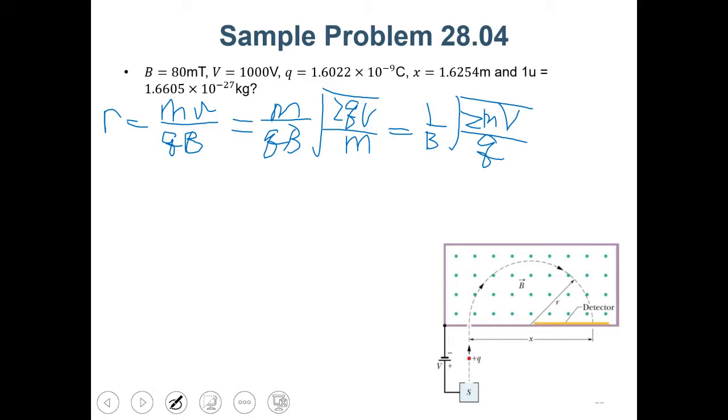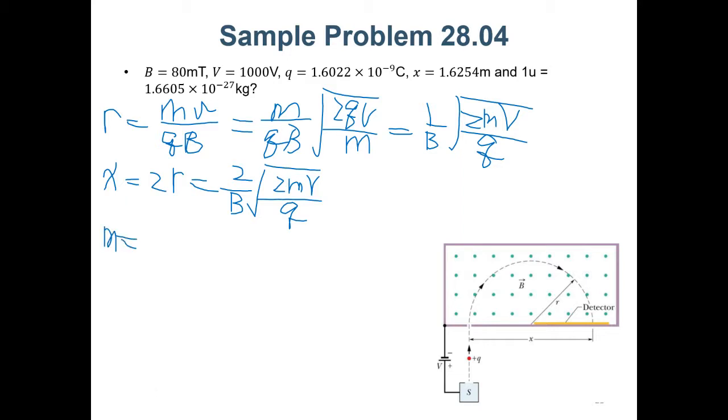So this is the radius, and of course x is 2 times the radius. So it is 2 over B times the square root of 2mV over q. And actually, m will be equal to x squared B squared q over 8V.